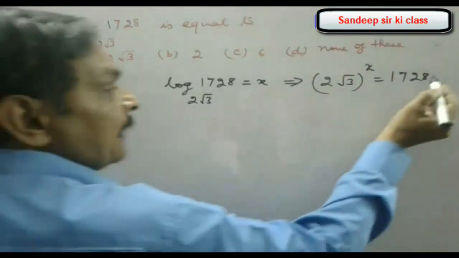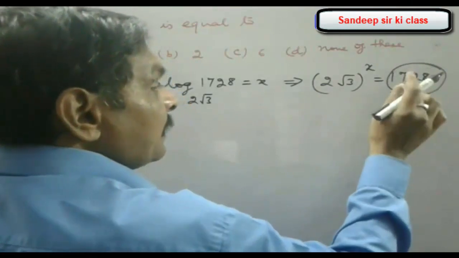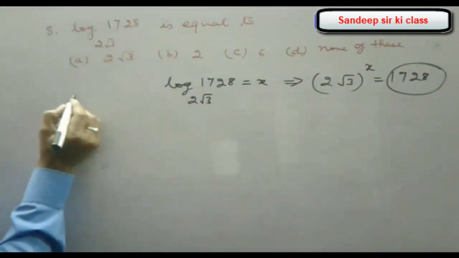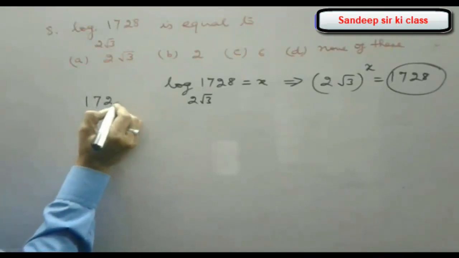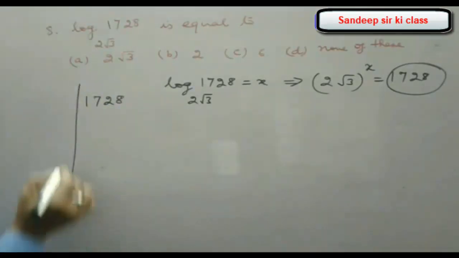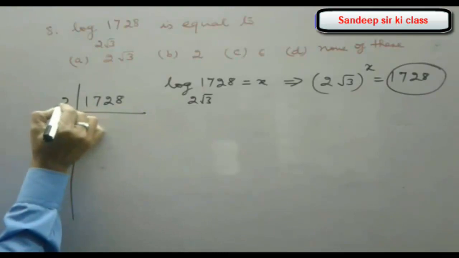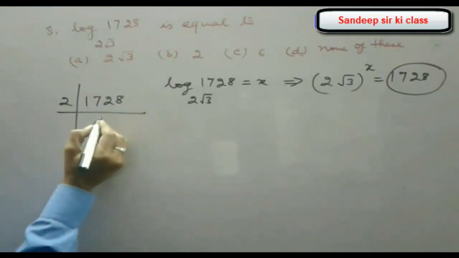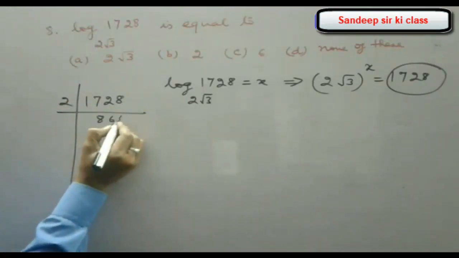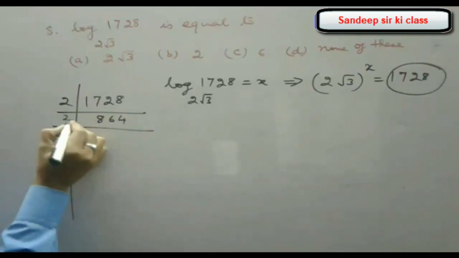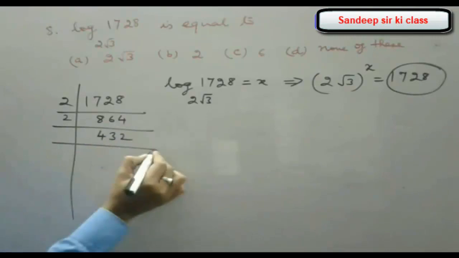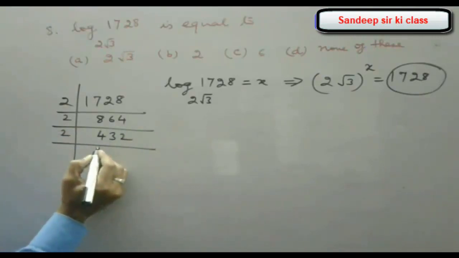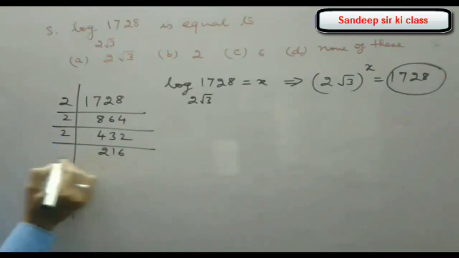Now we are to factorize 1728. We know that 1728 is even, so it will be divided by 2. This gives us 864. Again we divide it by 2, we get 432. We again divide it by 2, so we get 216.